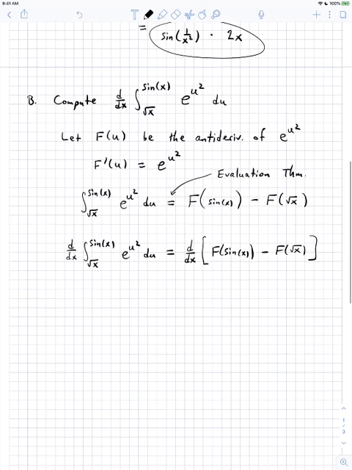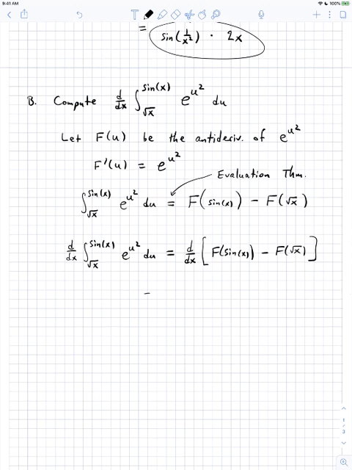So this is the derivative of a difference, so I can do each one individually. This is going to be the derivative with respect to x of F at sine of x, minus the derivative with respect to x of F at, let's call it x to the 1/2. Square root of x is x to the 1/2.